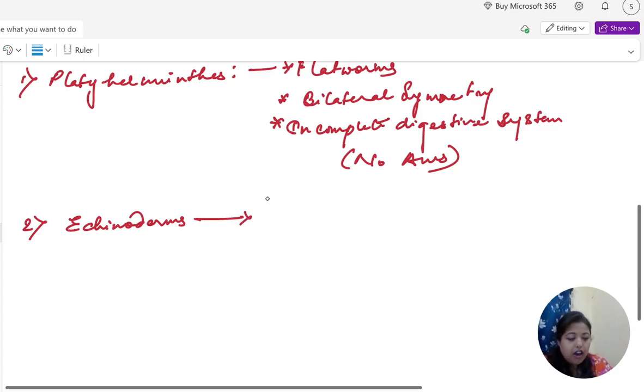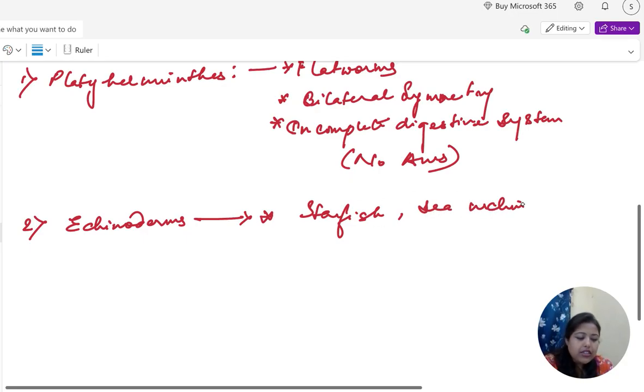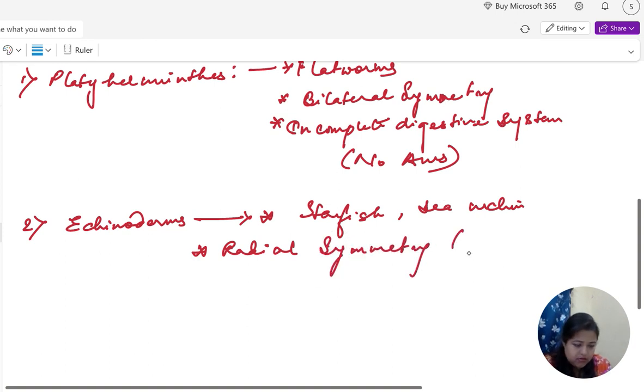Echinoderms means starfish, sea urchin, and they have radial symmetry as adults, and indirect development, that is a larval stage.